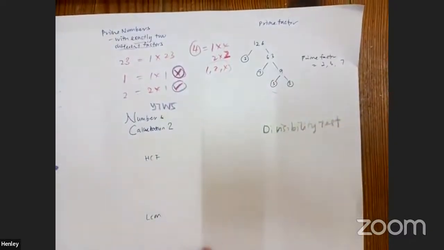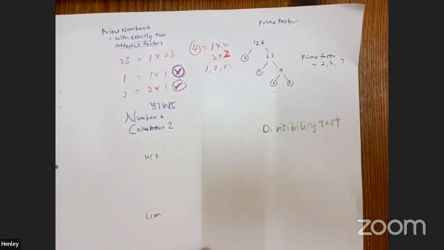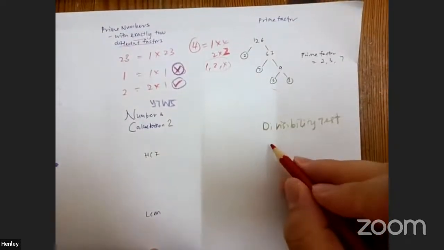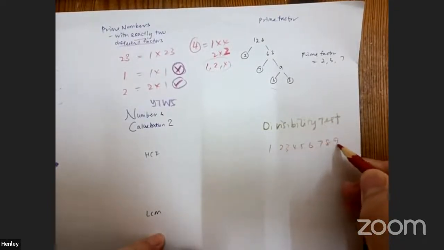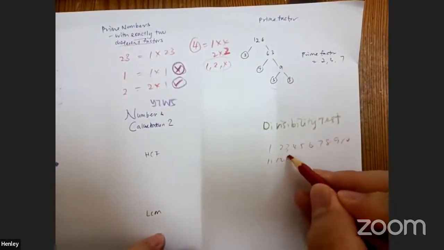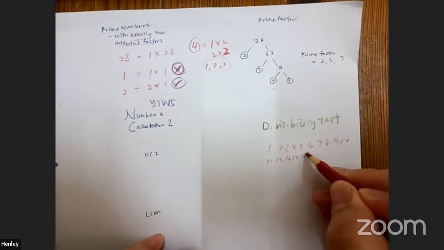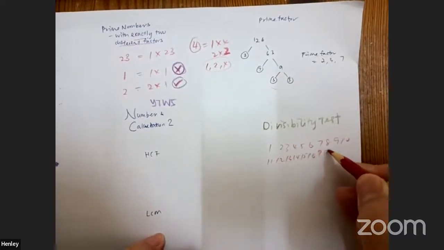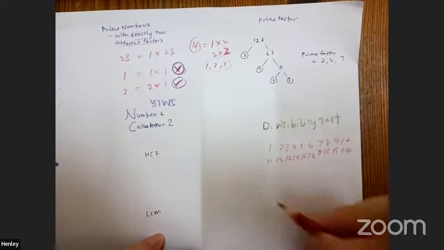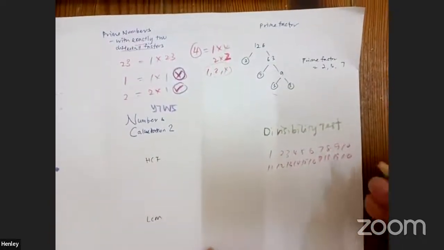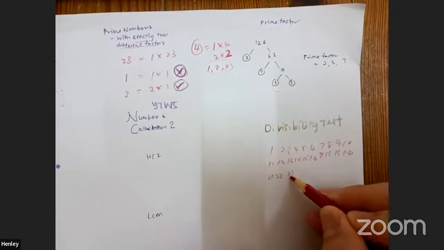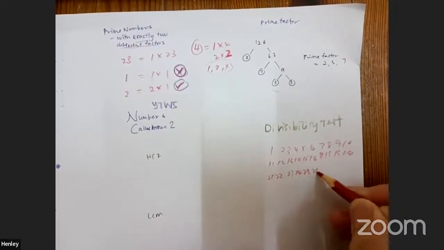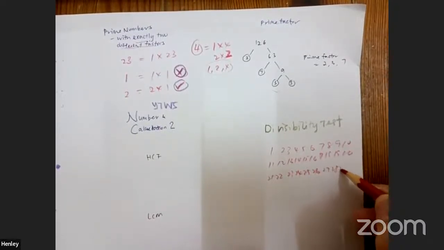So if I have as many numbers as I have, for example from 1, 2, 3, 4, 5, 6, 7, 8, 9, 10, 11, 12, 13, 14, 15, 16, 17, 18, 19, 20, and so on, and then 21, 22, 23, 24, 25, 26, 27, 28, 29, 30.